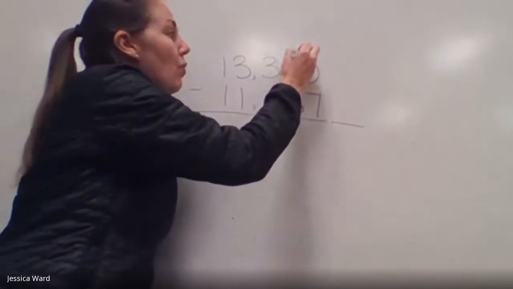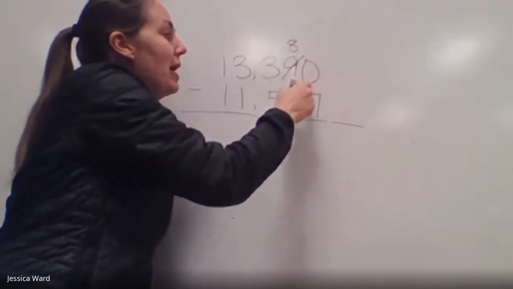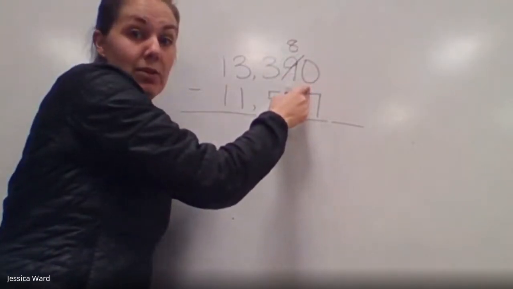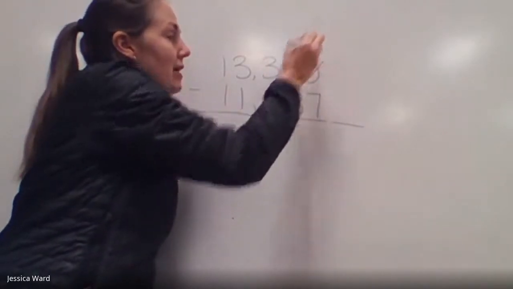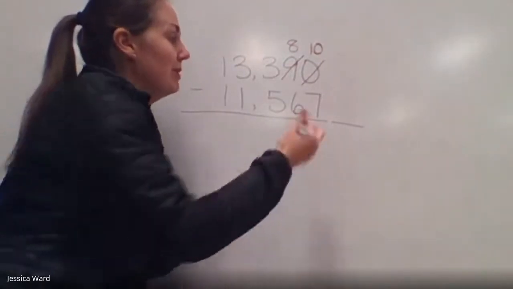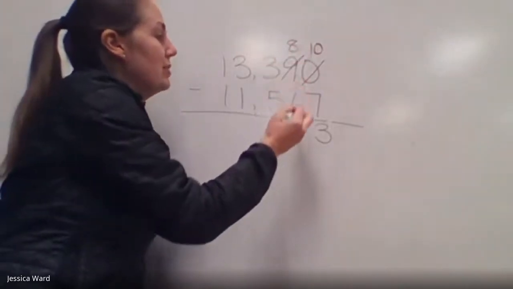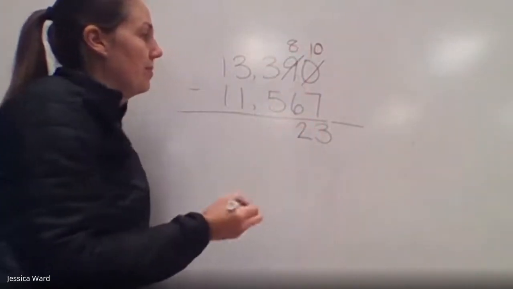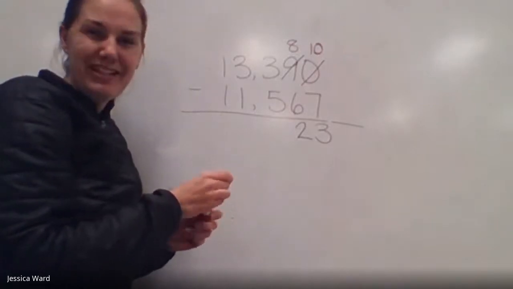So if I take one of my 10s away, leaving me with now 8 10s, I can add a group of 10s to my 1. So I'm going to cross off my 0 and write a 10 above it. So now I have 10 take away 7, which would leave me with 3. I have 8 take away 6, would leave me with 2. I have 3 take away 5, which I can't do, so I need to regroup.